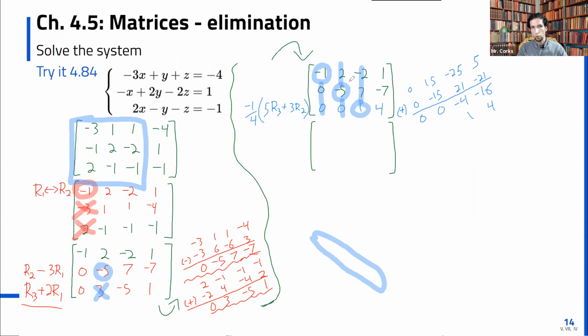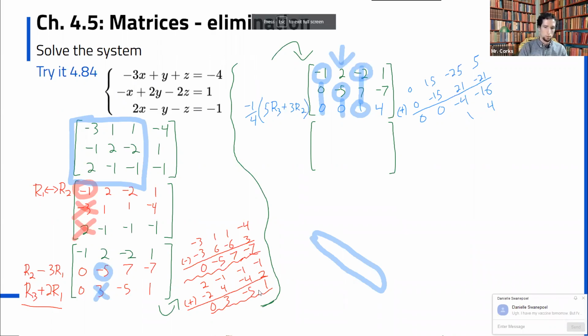We could do this position here next, but we would be creating more work.